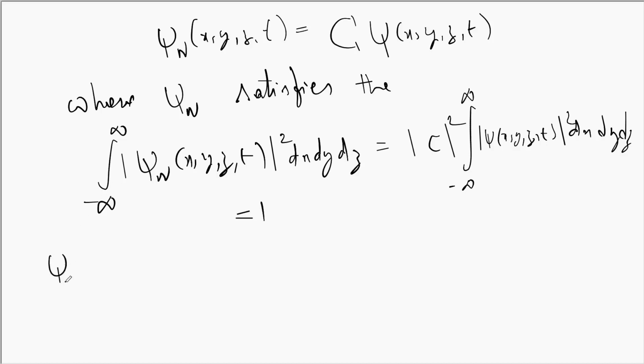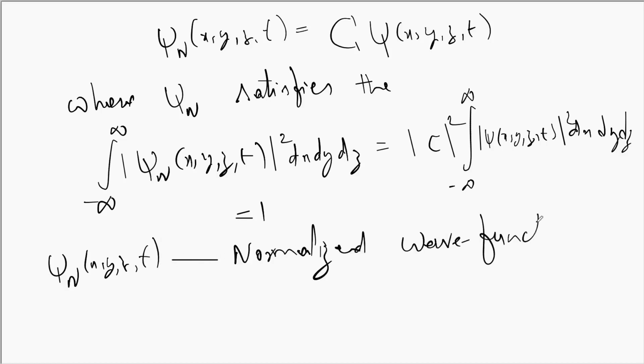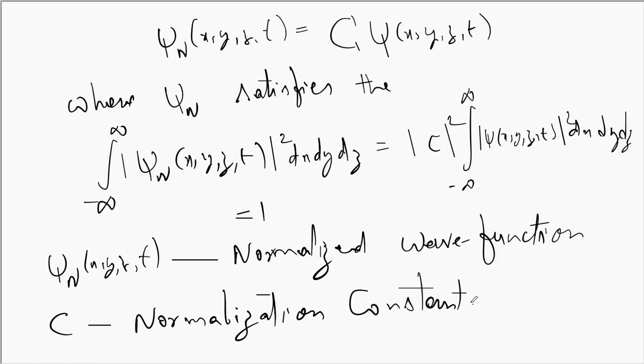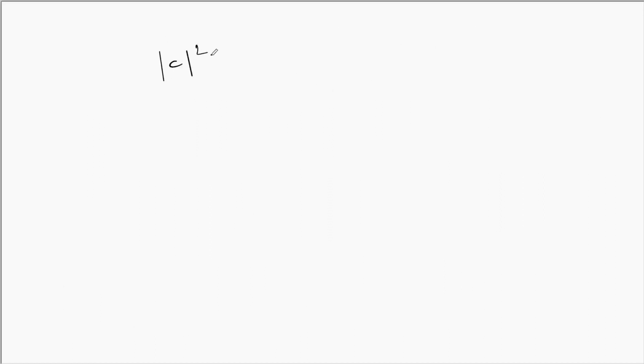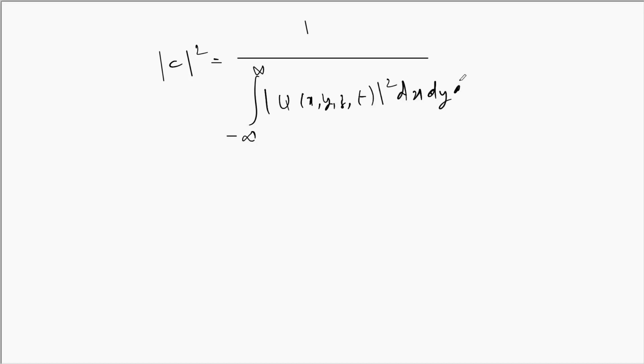Here, the wave function psi n(x, y, z, t) is called the normalized wave function, and the constant c is called the normalization constant. Therefore, we write mod c squared is equal to 1 over the integral from minus infinity to plus infinity of mod psi(x, y, z, t) squared dx dy dz.